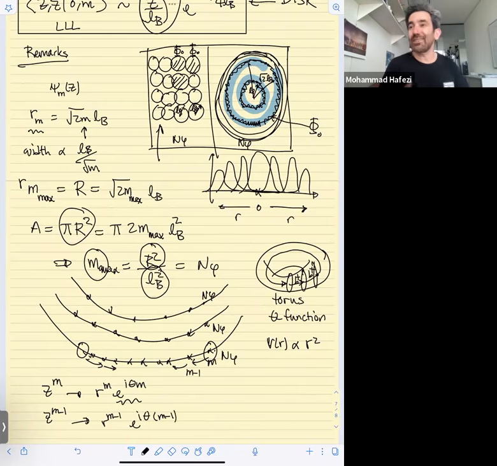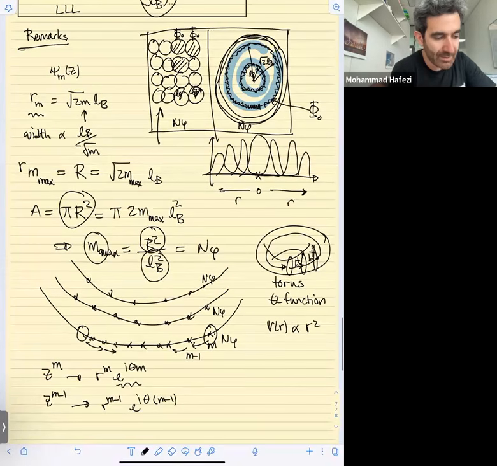As long as I don't mess them up too much, I cannot go from m to m minus 1 adiabatically, correct? Because the phase of this wave function winds m times, and the phase of the other winds m minus 1 times, so they cannot just switch immediately. So if I add some impurity at the edge of the system, then my wave function should accommodate this extra bump and go around this impurity, such that it remains single valued.